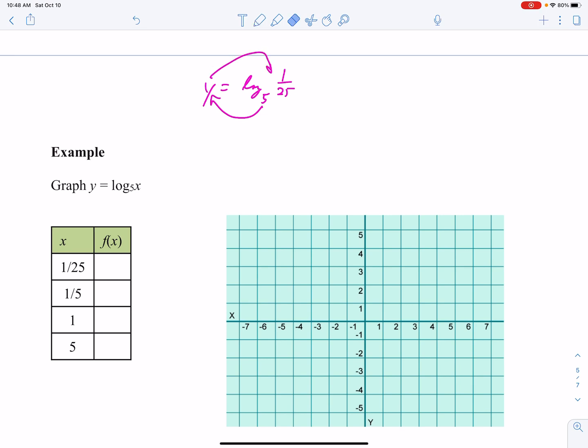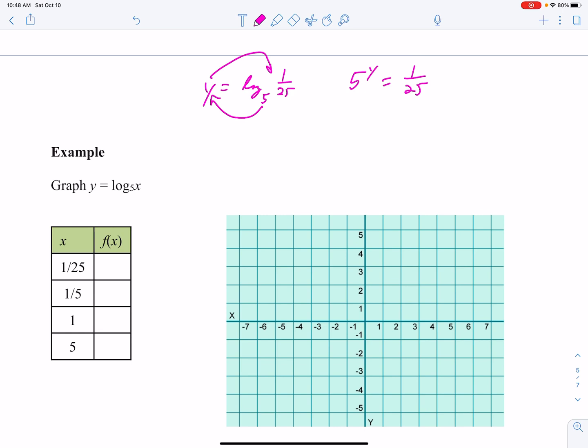So this means 5 to some power equals 1 over 25. There's a way we can solve this, and that is, since the left side has a base of 5, so 5 to the y power, we want to convert the right side to be 5 to some power, and then y will equal that number.